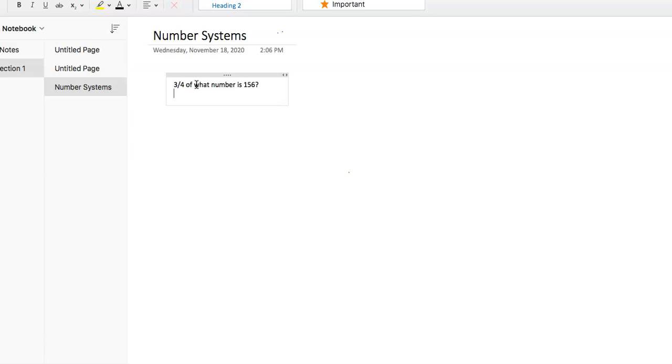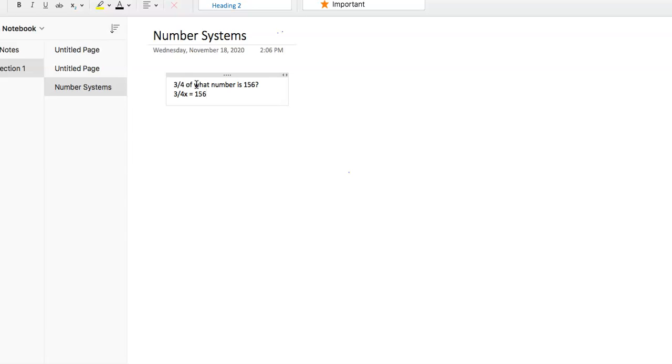Okay, and so you want to think really that when you see that word "of," that means times, right? So as we're setting this problem up, you'll have 3/4 x equals 156, right? And then you're trying to get x by itself.